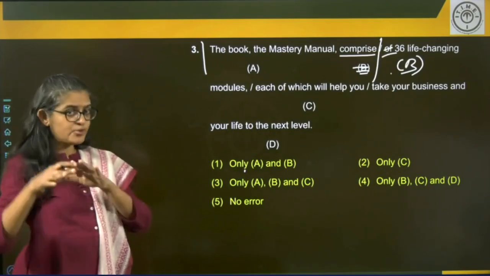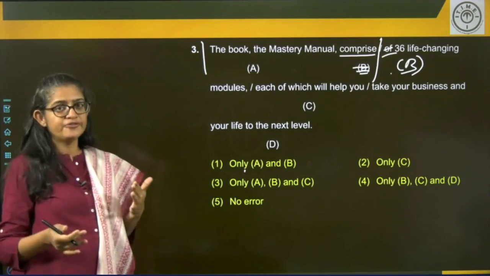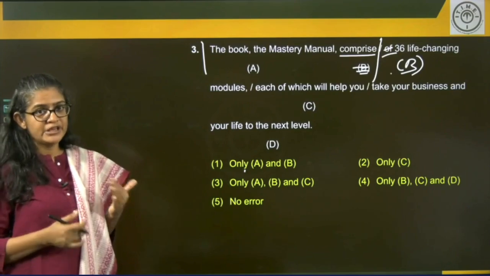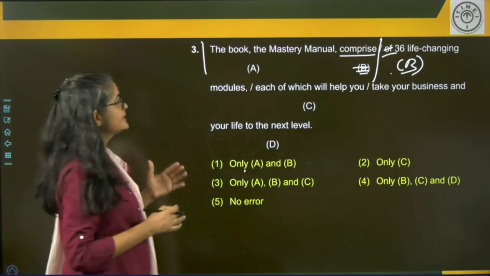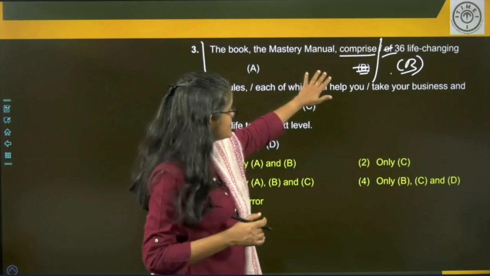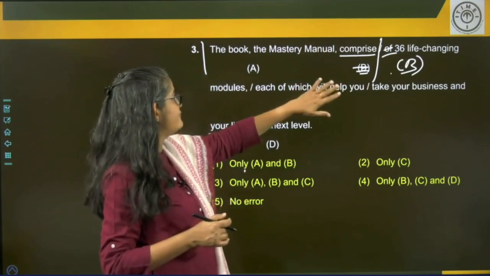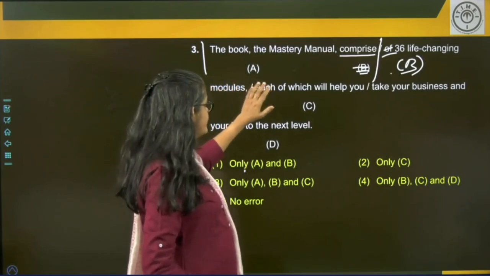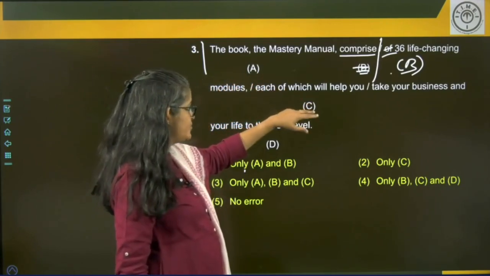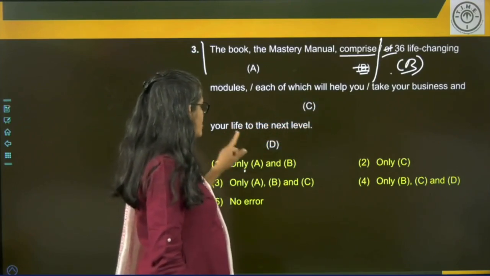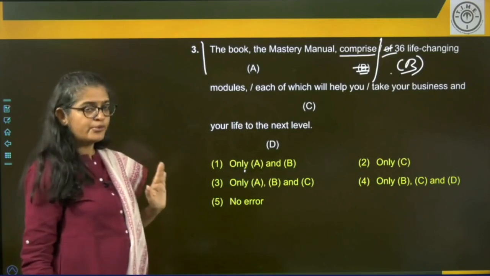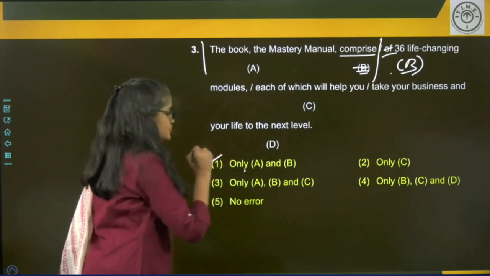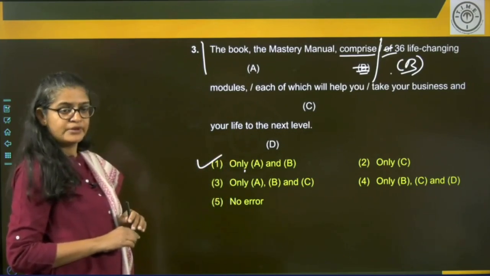Composed of, consisted of, but comprised of is wrong. That is the correction. Now let us see, each of which will help you take your business and your life to the next level. No more errors. So the errors are in A and B, which is option 1.